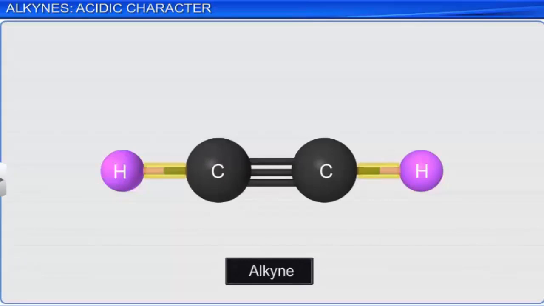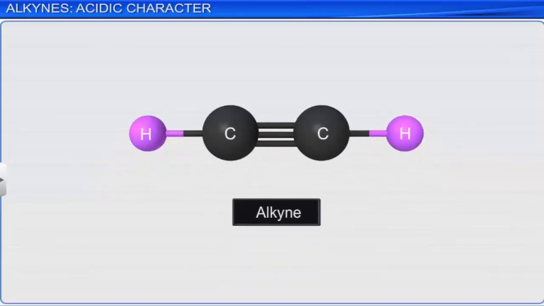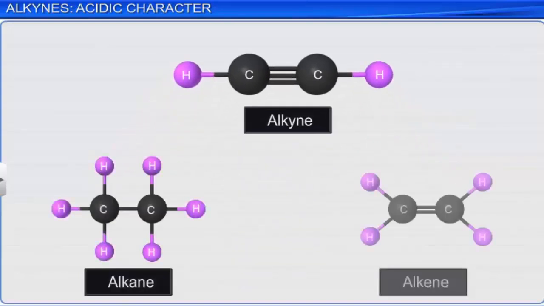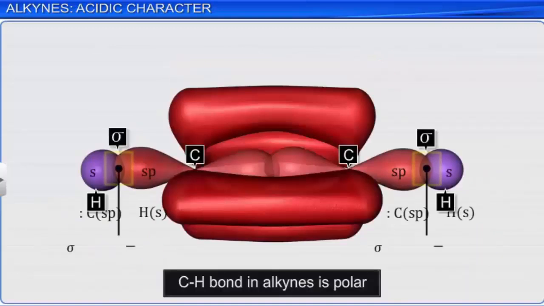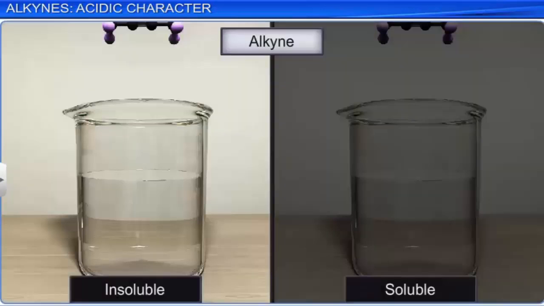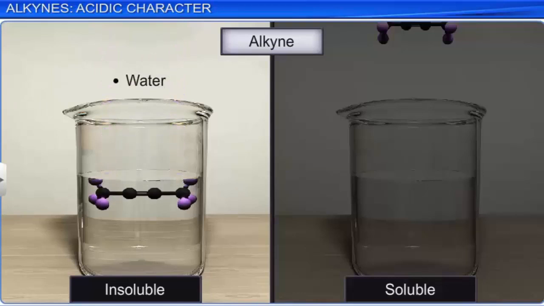The C-H bond is attached to the carbon atom with the triple bond in alkynes. Alkynes exhibit some polarity, unlike alkanes and alkenes, which are non-polar. This is because the C-H bond in alkynes is slightly polar due to the sp hybridization of carbon. As alkynes are non-polar and water is polar, alkynes are water insoluble.